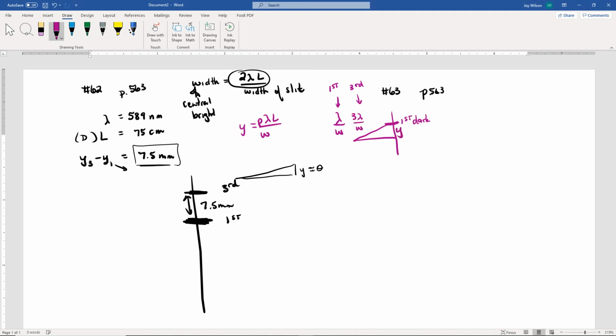But the distance here is y over d equals the multiplier times L. So you have to get how far away from the screen you are.